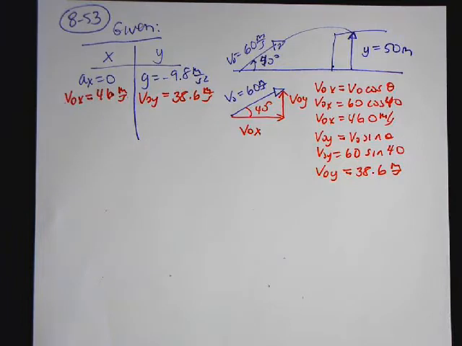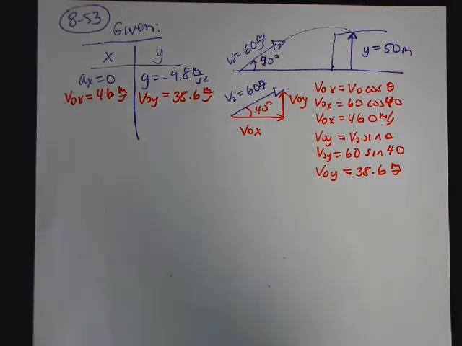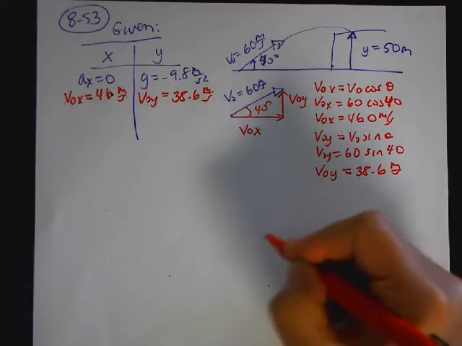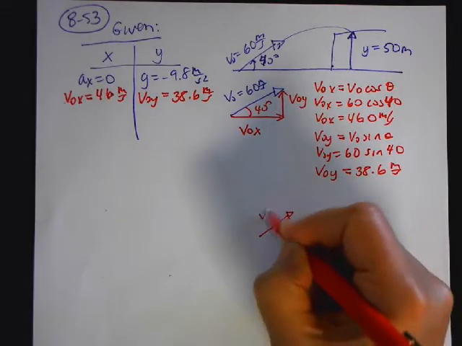Now, they don't give me the time. They don't give me how far it goes. So we have to figure that out. For this part, the maximum height is at the very top of the path. So when we're looking at a projectile like this, here's my initial velocity.